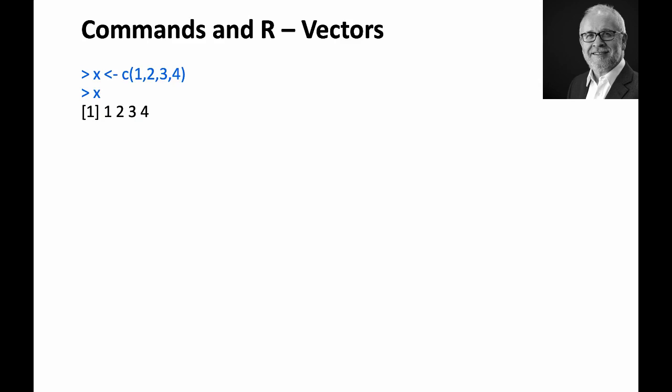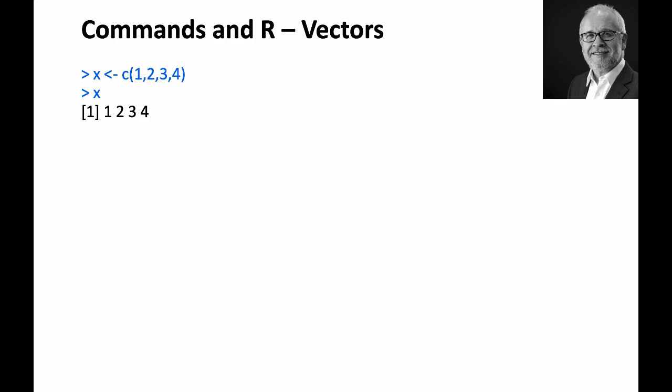R is much more around vectors than it is around individual variables, and a vector is a collection of numbers or a collection of strings or a collection of other things. So we have a variable here, x, and it gets the results of using c, which is concatenate, 1 2 3 4. So I've created a new entity, a vector.